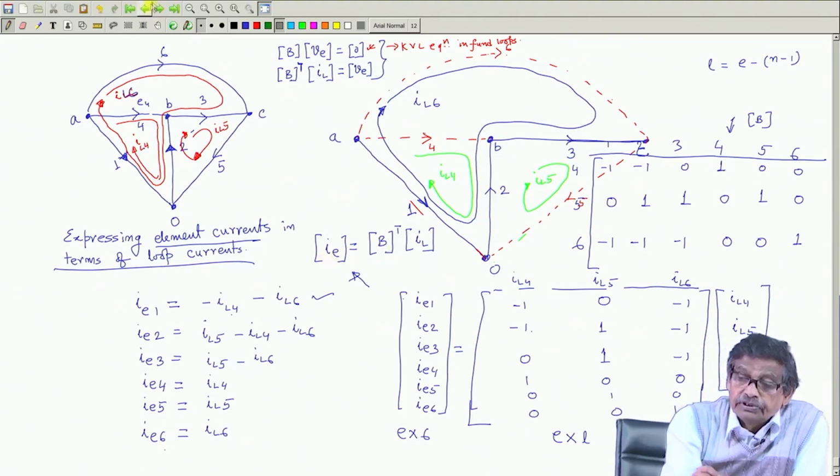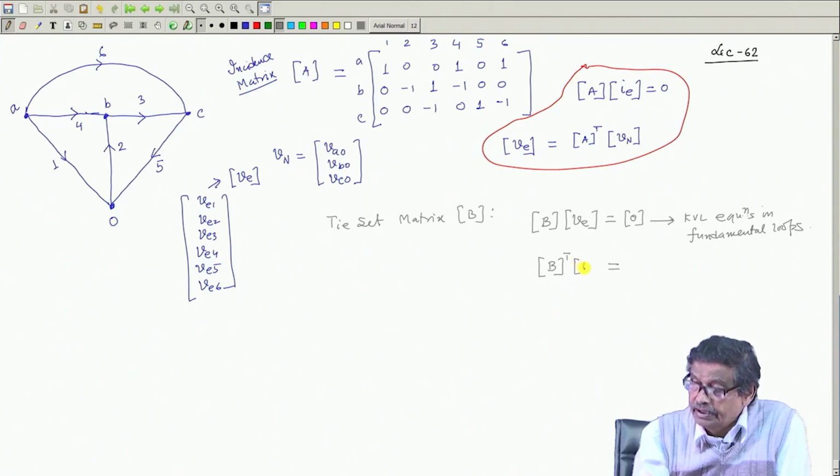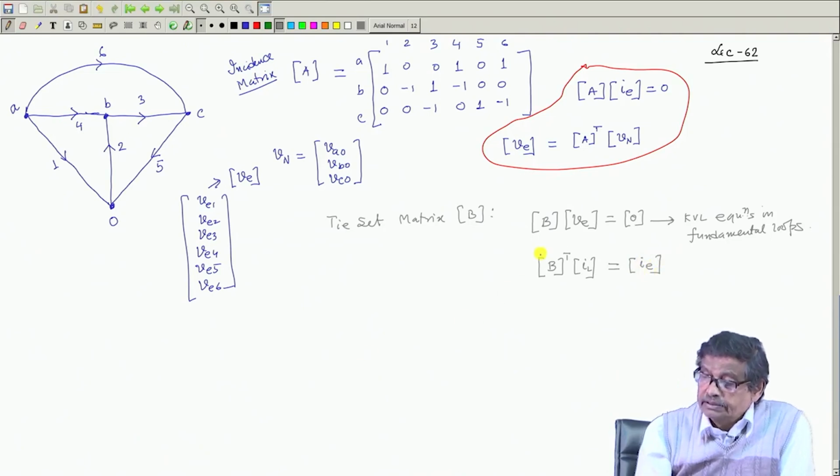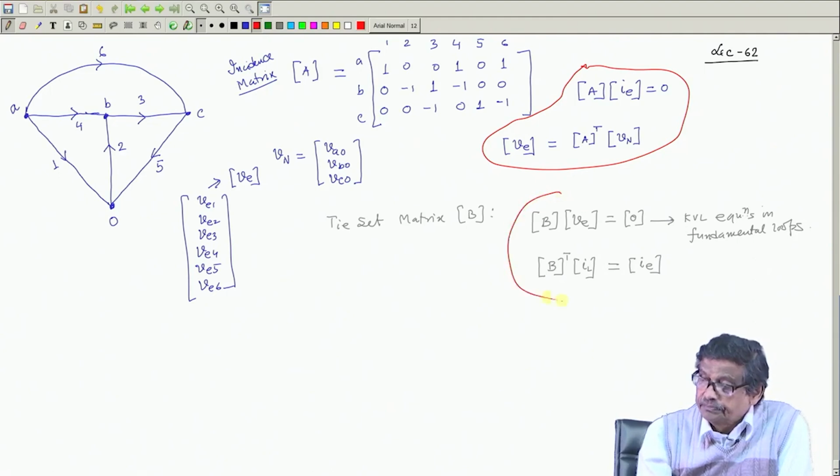So, B transpose into I L is equal to I E. These are another two important equations, which involve the tie-set matrix B.